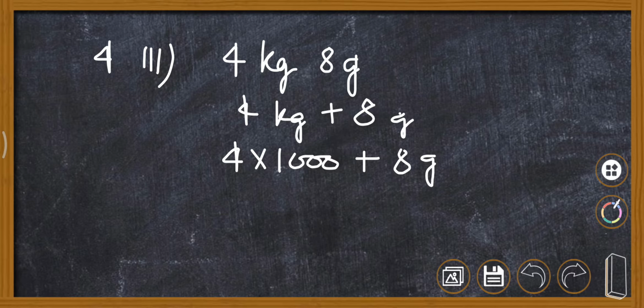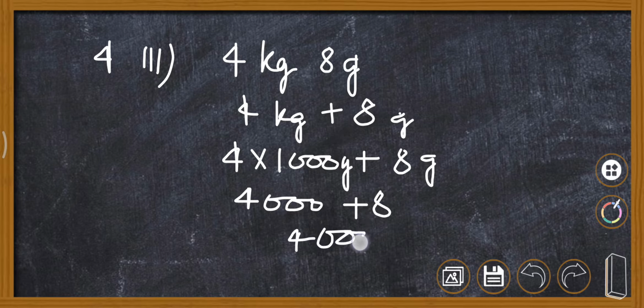So we will multiply it by 1000. 4 into 1000, you know that this is 4000 plus 8, so it is 4008 gram.